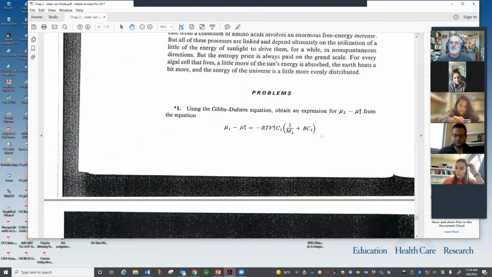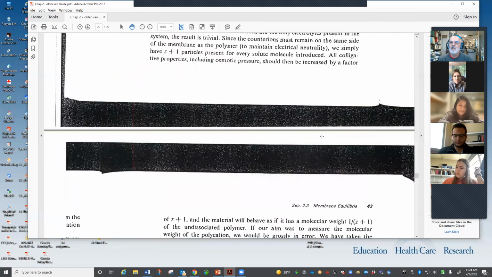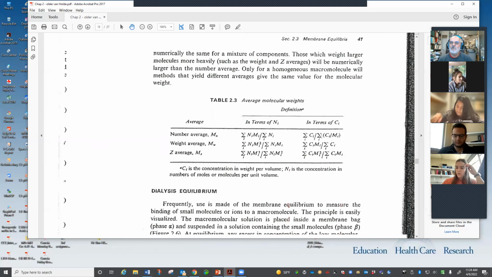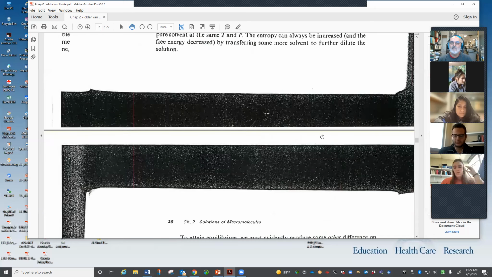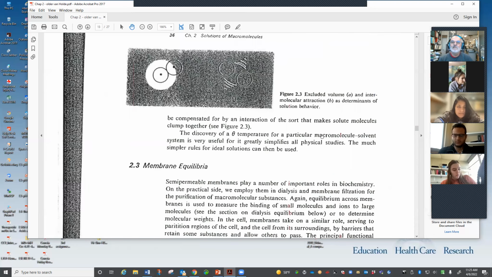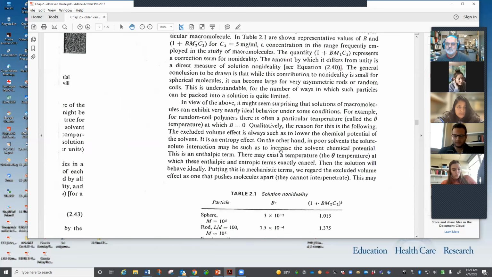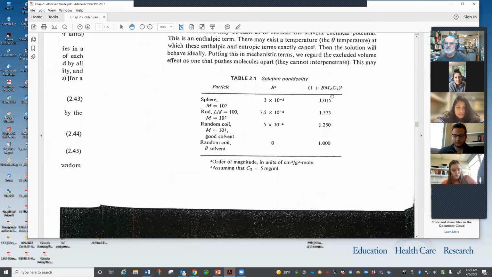The thing to look for in thinking about how you calculate deviation is this table up here, because that's what this is. This is saying it's 1.5% deviated from ideal at 5 mgs per mil.